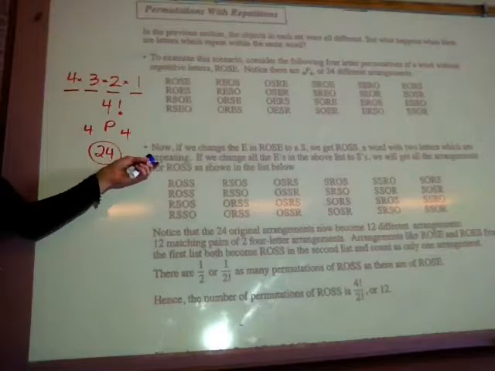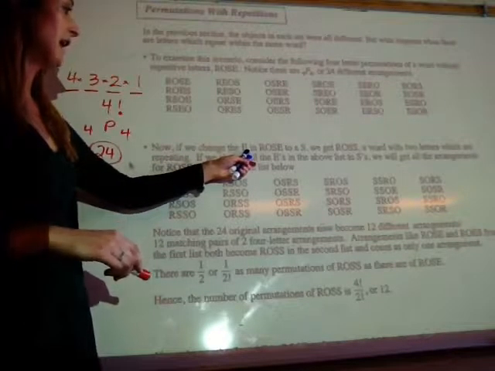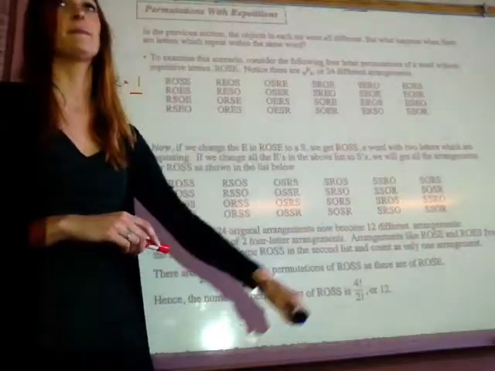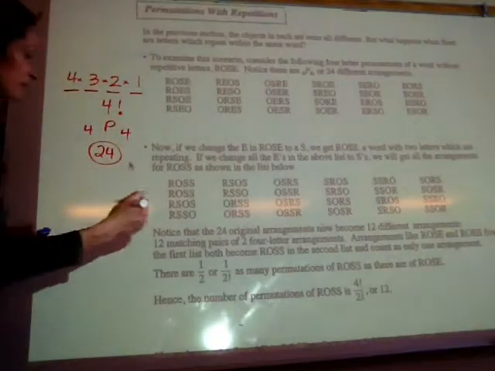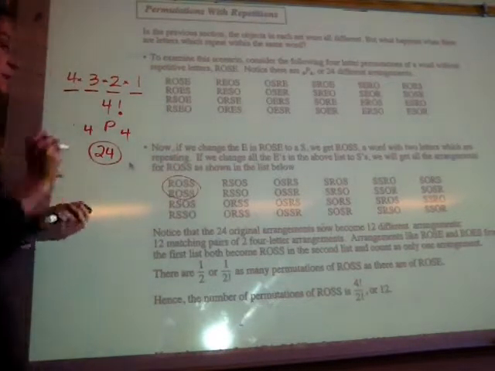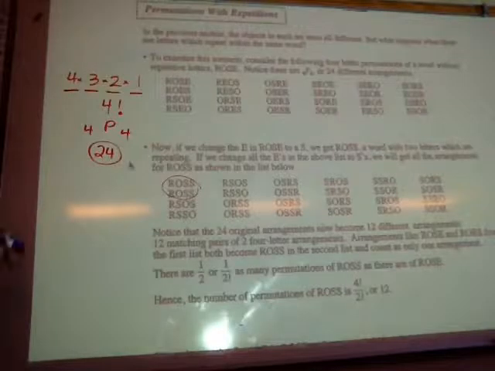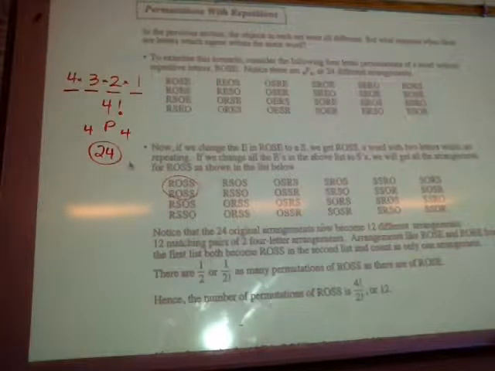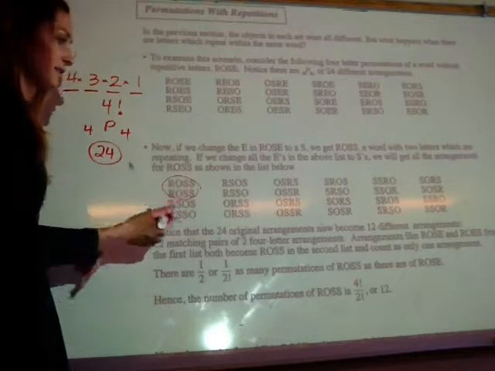But what happens if we take the letter E and exchange it with S? Now instead of ROSE, we have the word ROSS. You'll notice some of the words are going to be exactly the same. If I circled all the ones that were the same, we would get pairs. How many pairs would you have in 24? You'd have 12. So now we only have 12 different arrangements.